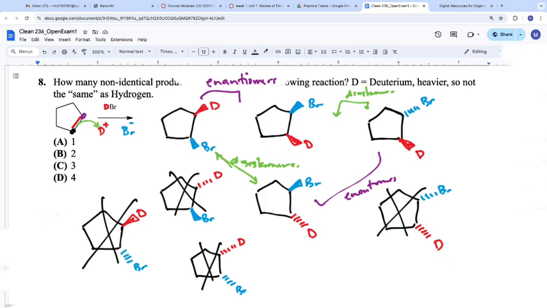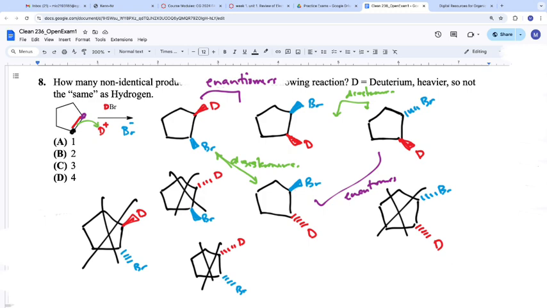What about for the next step, when the bromide comes in? What is the bromide reacting with? The carbocation. Is there any difference between the top and bottom of the carbocation? You have deuterium on there instead of hydrogen.